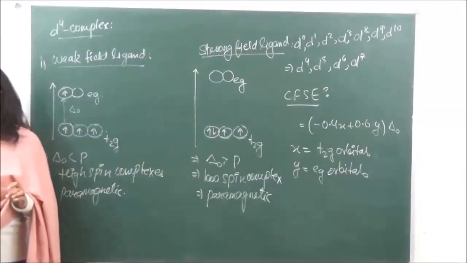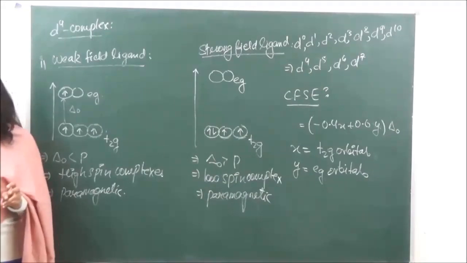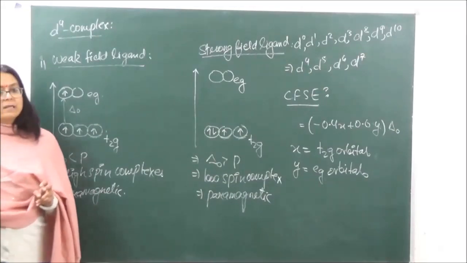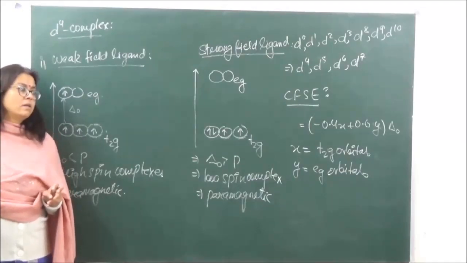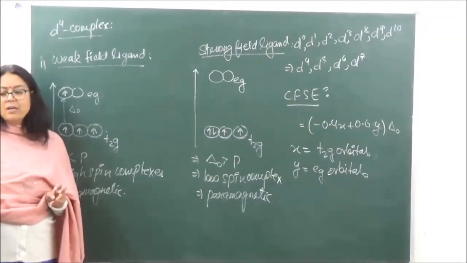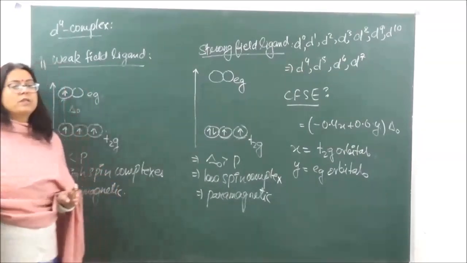Okay, so this is how you can calculate crystal field splitting energy. जितनी ज़्यादा नेगेटिव होती है CFSE, उतना ही ज़्यादा स्टेबल होगा कंपाउंड. The more negative the value of crystal field splitting energy, the more stable the compound is going to be.